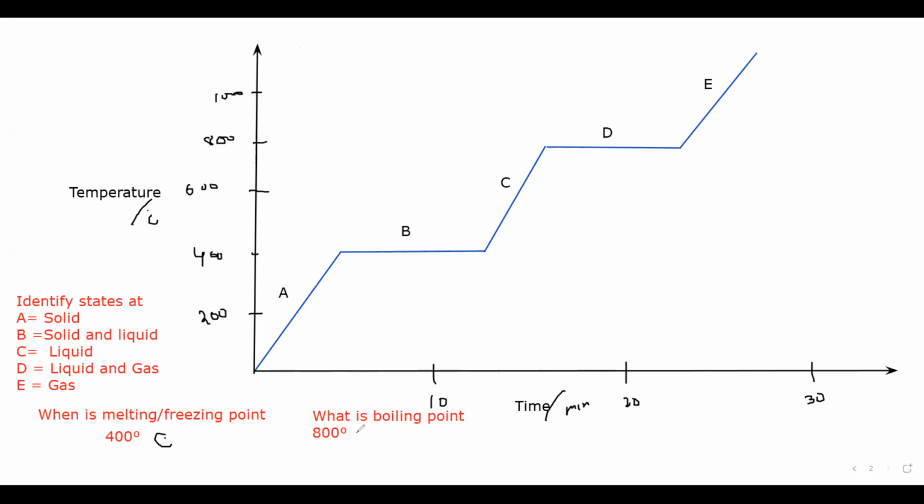So from the graph, whenever they ask for a boiling point or a freezing point, you will just draw a horizontal line to the y-axis to work out the boiling temperature or the melting temperature according to the state.